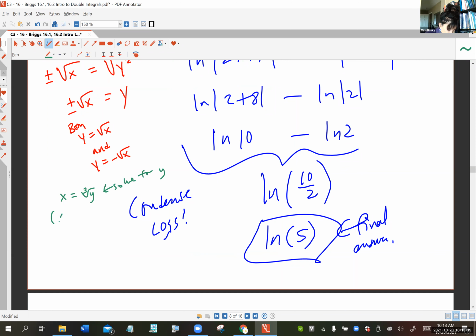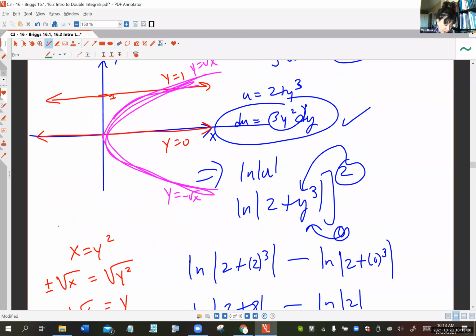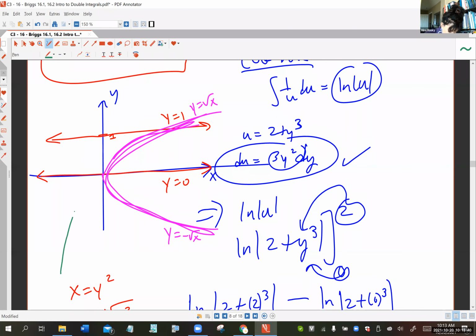So I'm going to cube both sides, and you don't have to do anything other than cubing both sides. And so I get x cubed on the left is equal to y. Now, y equals x cubed is something that you can use your graphing calculator for. Certainly, a cubing function is pretty sweet. And I'm going to just try to shade it in here like that.